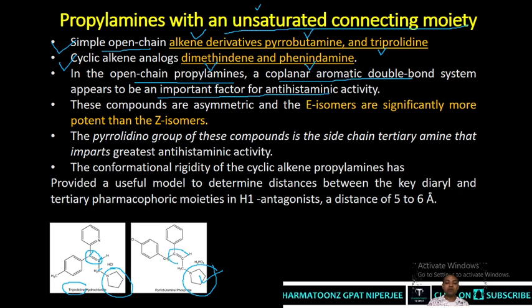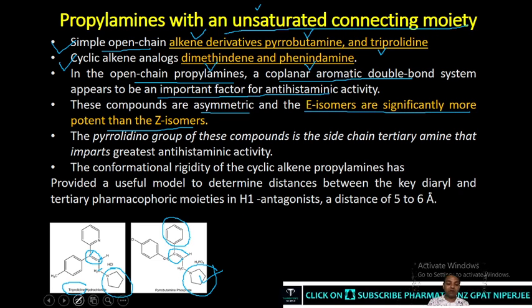That means this double bond and this aromatic system should be coplanar for antihistaminic activity, and these compounds are asymmetric in nature, and E isomers are significantly more potent than Z isomers.